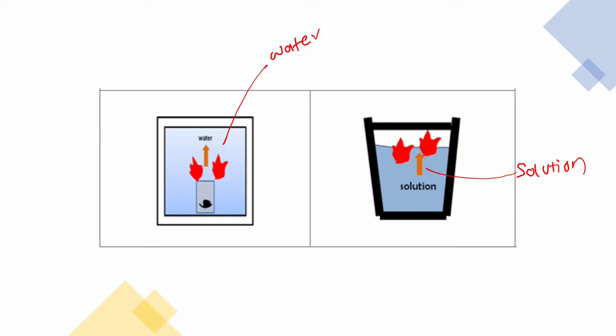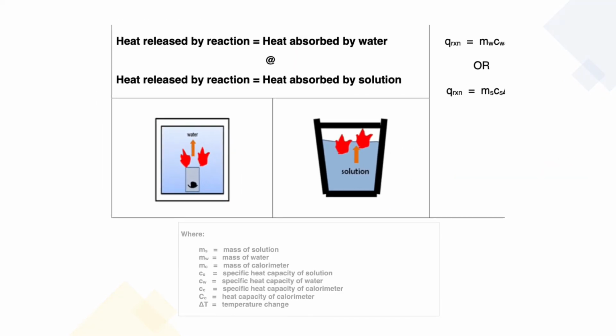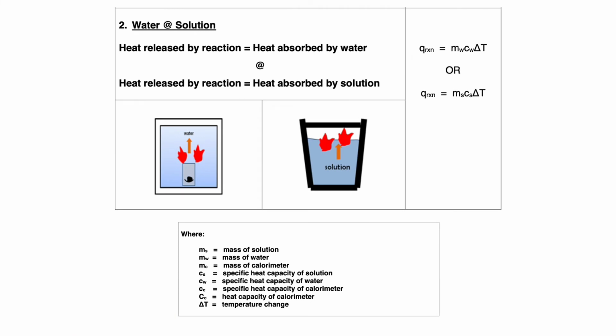We assume that the heat of reaction is only absorbed by the water or by the solution. So if you happen to see a question like this, you have to apply this principle. Heat released by the reaction will be equivalent to the heat absorbed by water or heat absorbed by solution. So usually we are going to apply this formula.